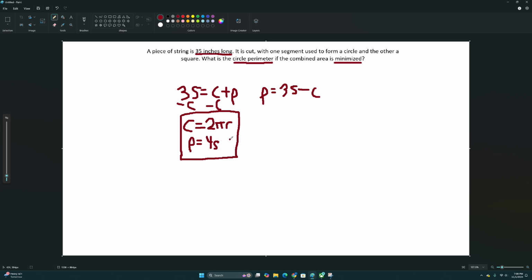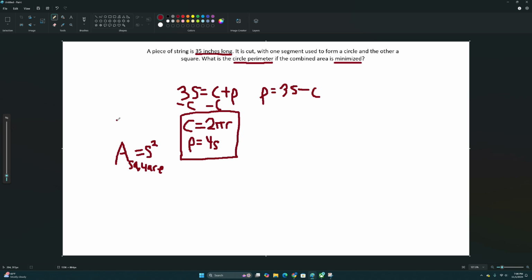Then we're going to have to use the formula for a square. The area of a square is just simply side squared.